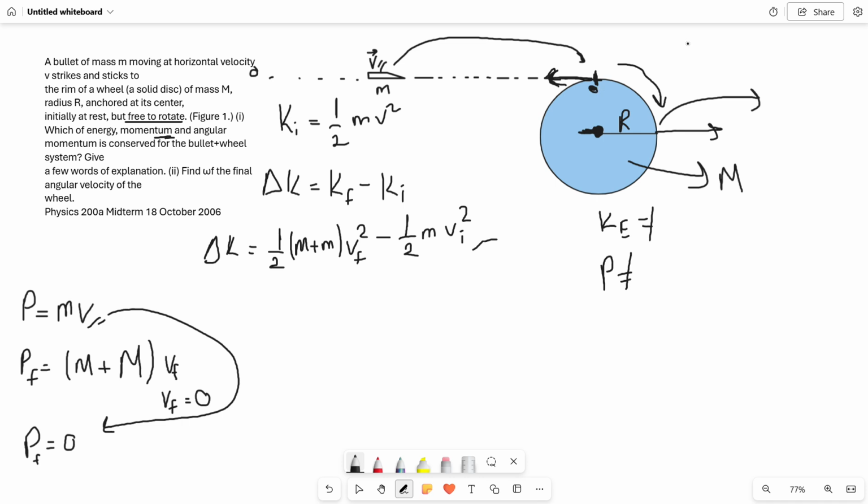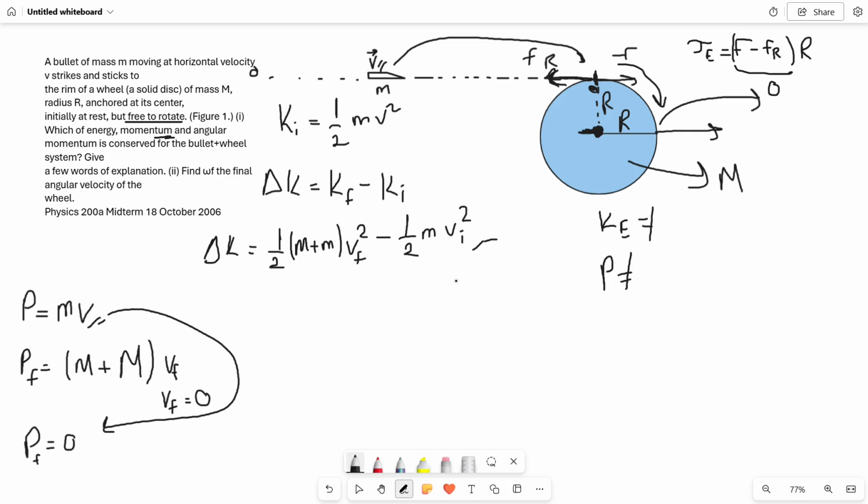Let's call it external torque. When the bullet hits there, there will be a force, and minus the reaction force, times R. If this is 0, the external torque is 0.